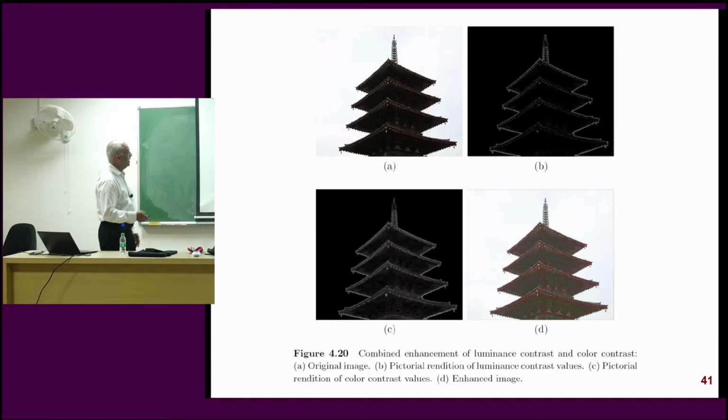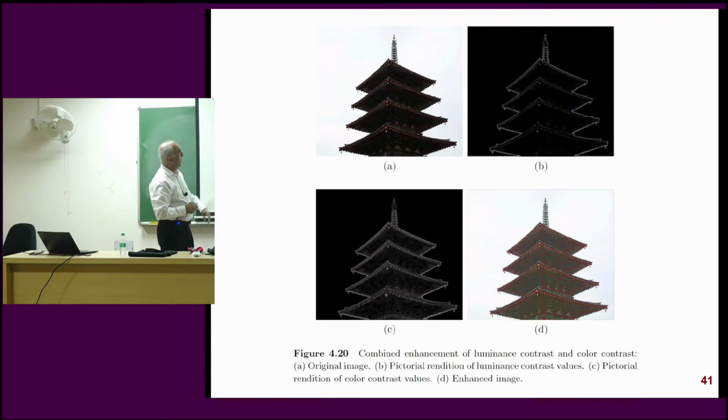I implemented that and got quite good results. I took this picture of a pagoda in Japan, and because I was taking a picture this way and the sunlight is coming from above, the details here are not seen. There's no light going this way.